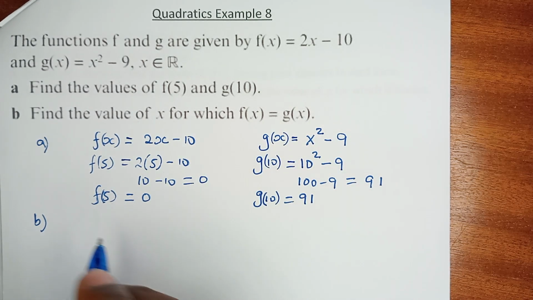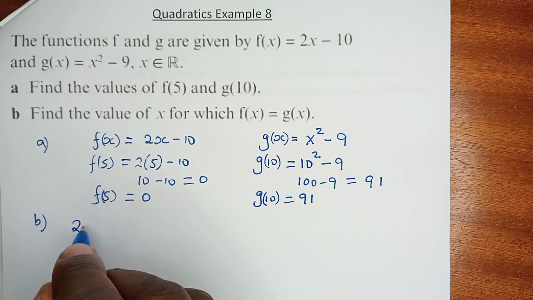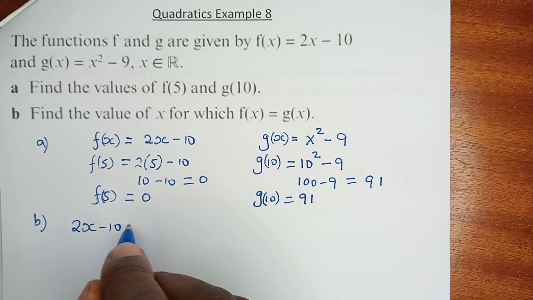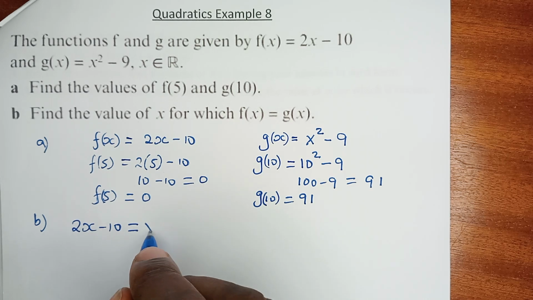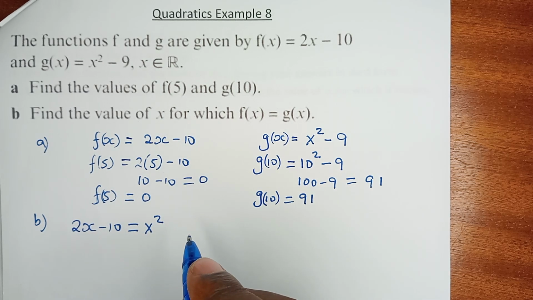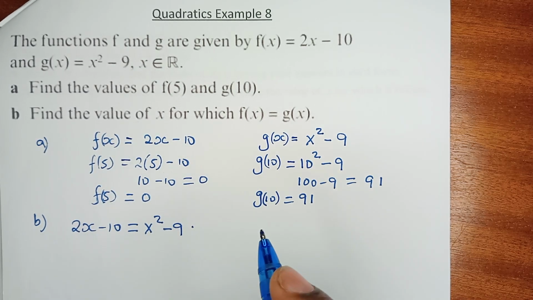It follows that f(x), which is 2x minus 10, is equal to g(x), which is x squared minus 9.